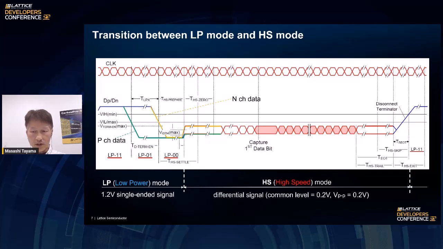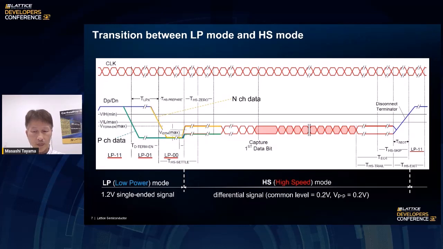This is called LP01. After a certain period, N signal goes to low. This is called LP00. After LP00, the transmitter changes the mode from single end to differential and starts high-speed data transmission. All transition timings are defined by MIPI spec.